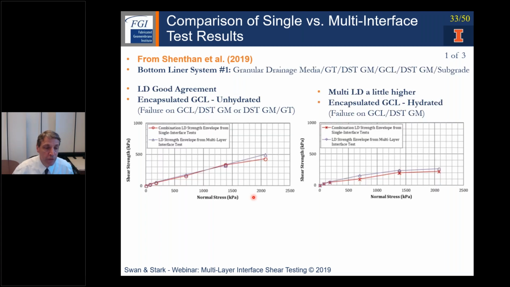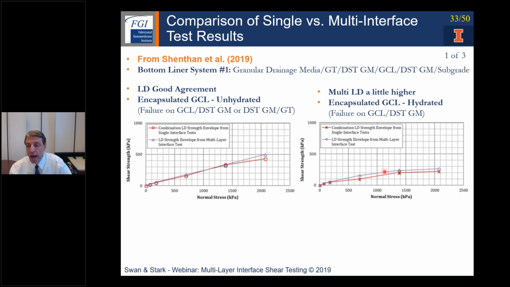So on the left, here is an encapsulated GCL unhydrated, and on the right is an encapsulated GCL but hydrated. So let's start with the one on the left. Pretty good agreement between single and multi for the large displacement, except at this high normal stress over 2000 kPa, you can see the combination single interface large displacement envelope drops a little bit underneath the multi interface, but still pretty good agreement.